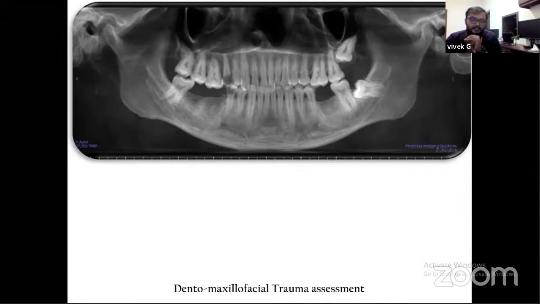Now, as I've written at the bottom of the slide, dental maxillofacial trauma and its assessment. Here, I have given you a panoramic radiograph. The patient gives a history of trauma, an alleged history of RTA, and can you see any signs of fracture? All that I can see is an increased joint space in the right condyle region. But that's all that is basically visualized in this OPG.